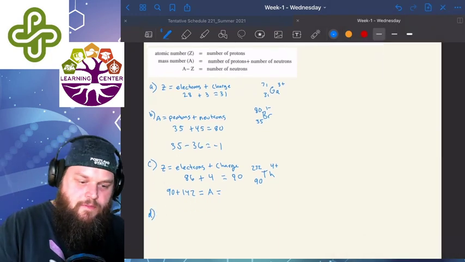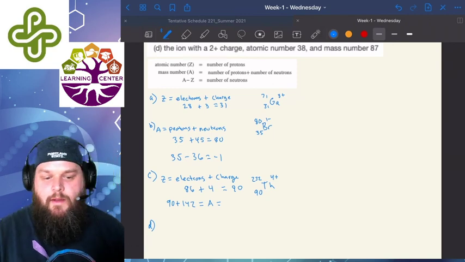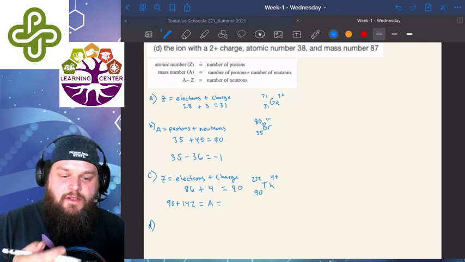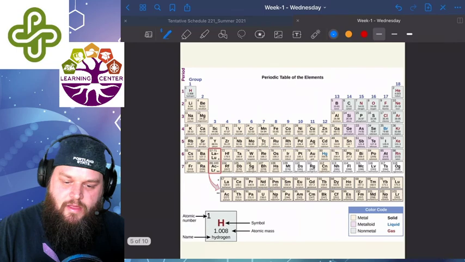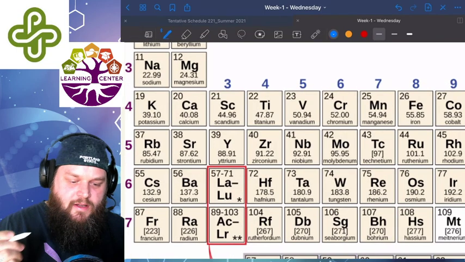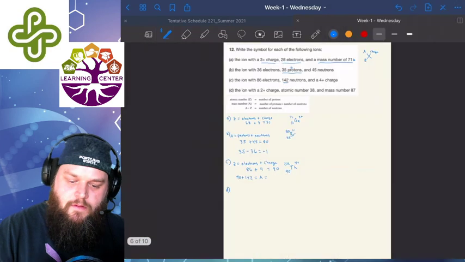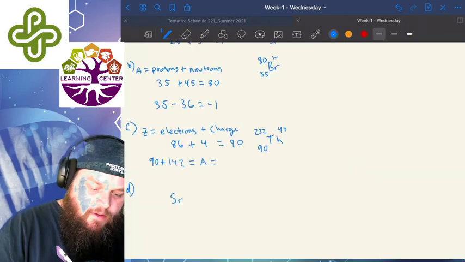Part D, last one here, is an ion with a 2 plus charge, an atomic number of 38, and a mass number of 87. So the atomic number of 38 tells us most of what we're going to need. 38 is strontium there. SR. So this one really is telling us everything we need to know.